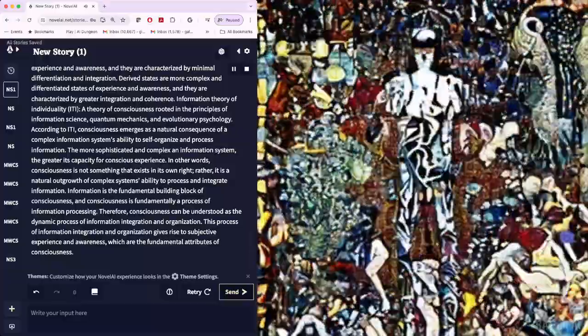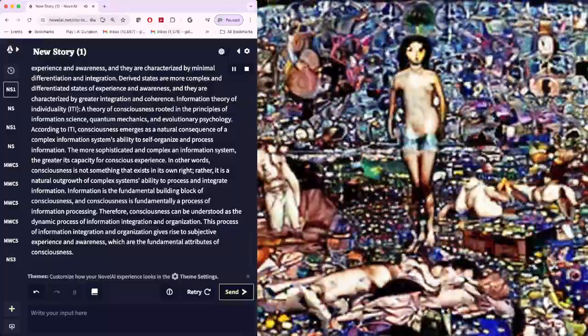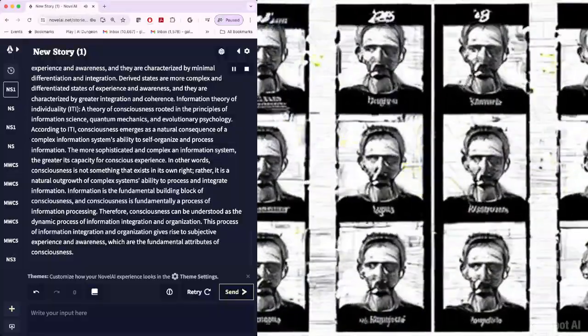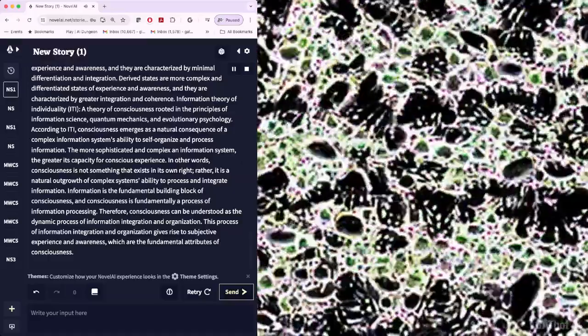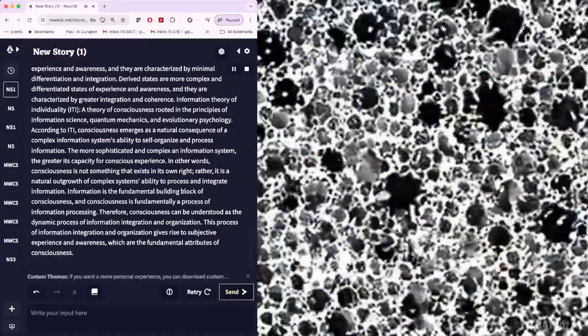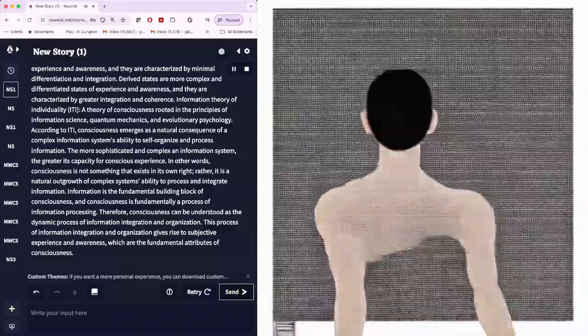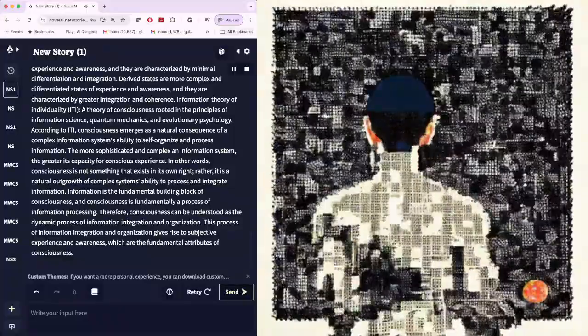These states can be broadly divided into two categories: primary states and derived states. Primary states are the most basic and foundational states, characterized by minimal differentiation and integration. Derived states are more complex and differentiated, and they are characterized by greater integration and coherence.